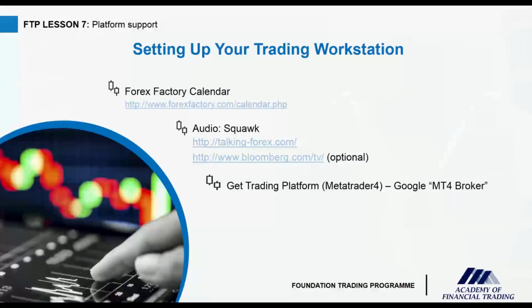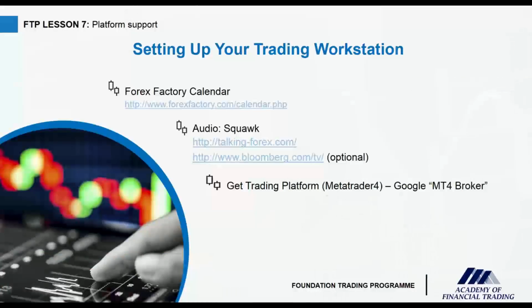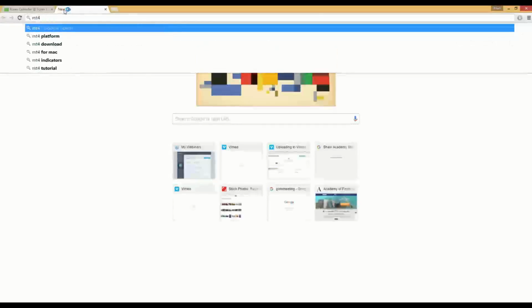We are not going to show you a particular platform, or a particular portal, I should say, in internet terms, through which you can download this. You are going to have to do that yourself, guys. All you need to do, and I'm going to be very basic and simple about this, let me bring up Forex Factory again, is Google MT4 broker, or MT4.